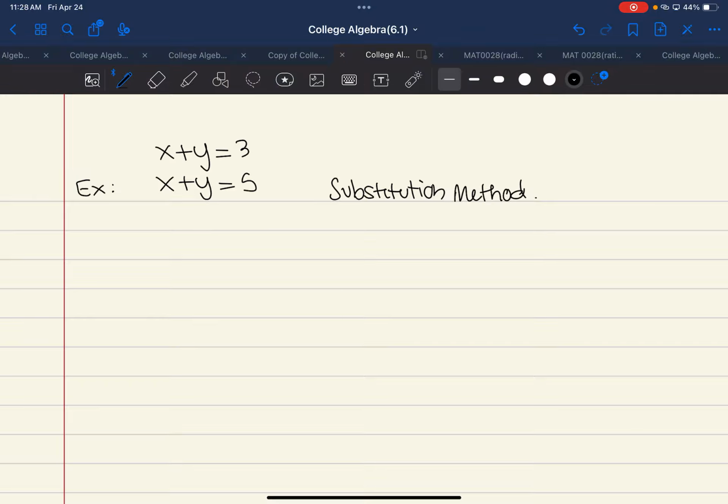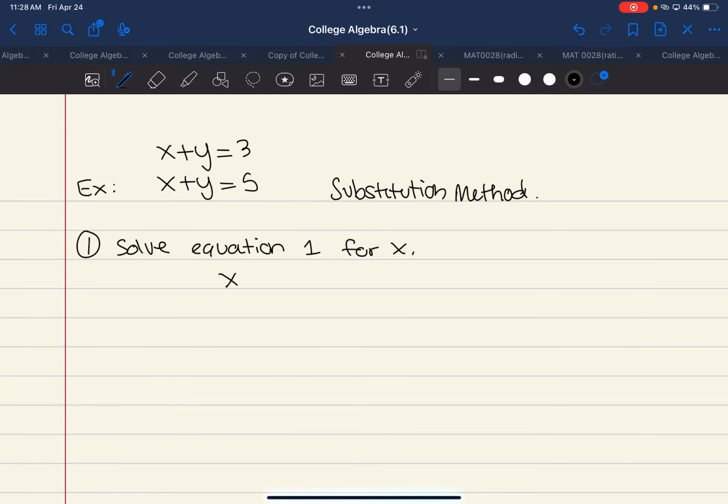Just to refresh. Step 1, I will solve one of these equations for one of the variables. So I'm just going to solve equation 1 for x. That would give me x is equal to 3 minus y, because I'd have to subtract y over.